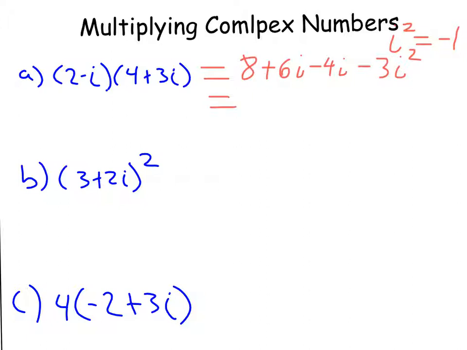Because we are going to be picky that our answers are in that form a plus bi, but how do we deal with this whole i squared thing?